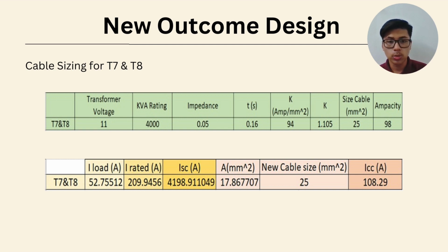The new suggested cable size that we use is 25 millimeter square, and it can produce a current carrying capacity of 108.29 ampere. So we can conclude that the value of ICC is more than I load. So this cable is suitable to use at T7 and T8.